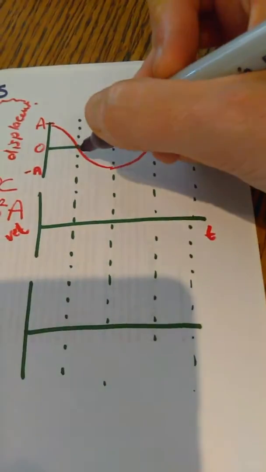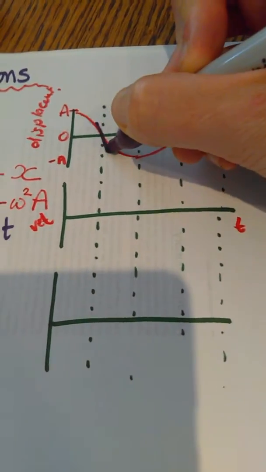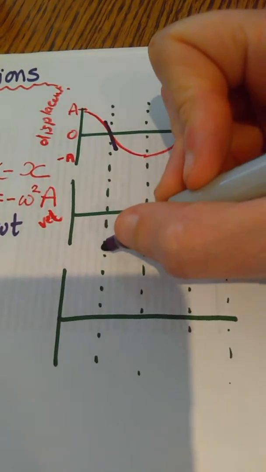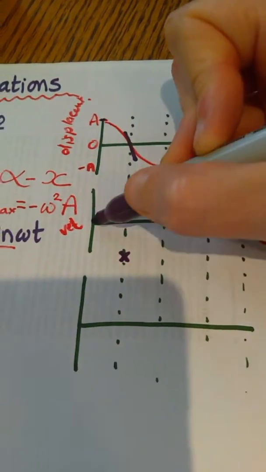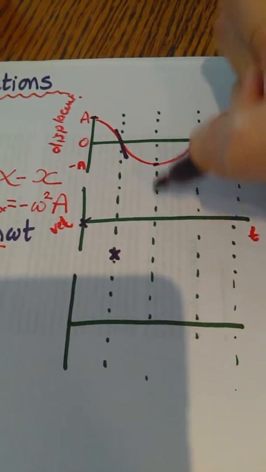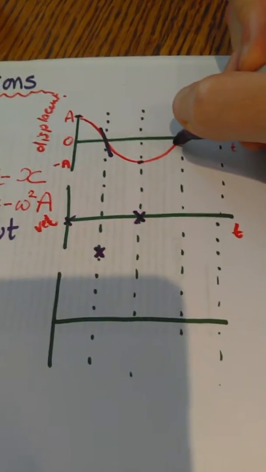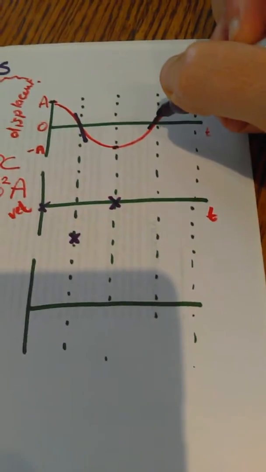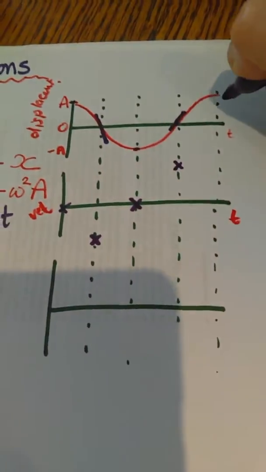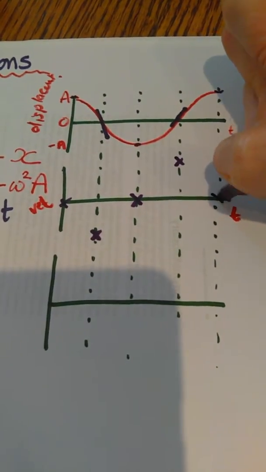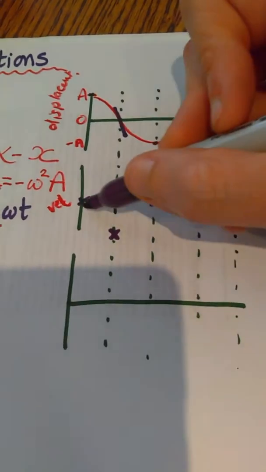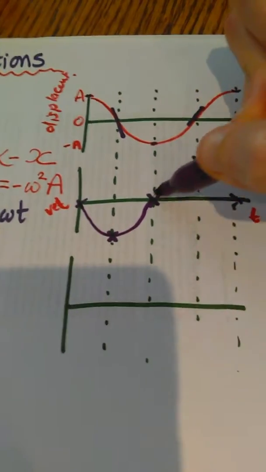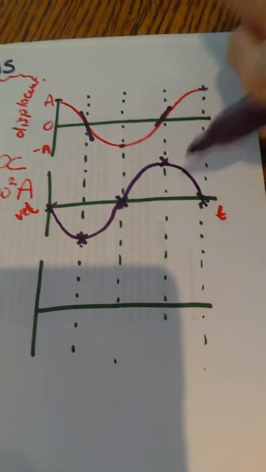So here, I've got a maximum negative gradient. So that's going to be a maximum negative velocity. Here I've got 0 gradient. Here I've got 0 gradient. Here I've got a maximum positive gradient, and here I've got 0 gradient again. So my velocity time graph, which will correspond with my displacement time graph, would look like that.